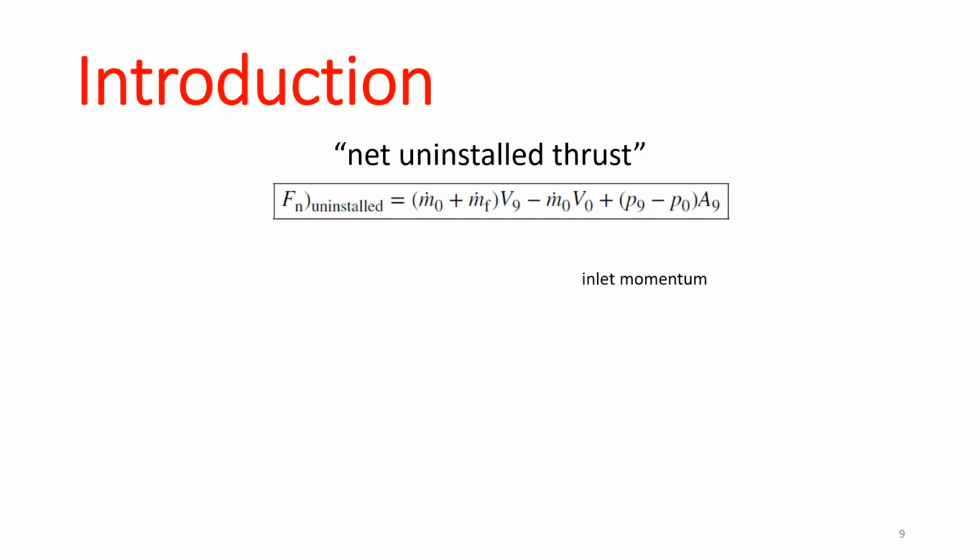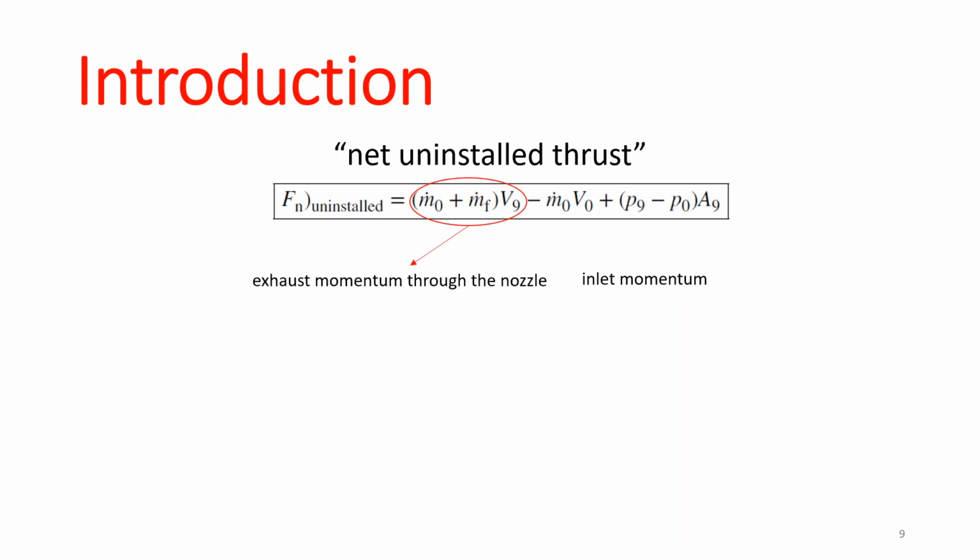We usually use subscript N and also the subscript U for uninstalled to show the uninstalled thrust. Essentially, it's going to be equal to the same equation we saw before.